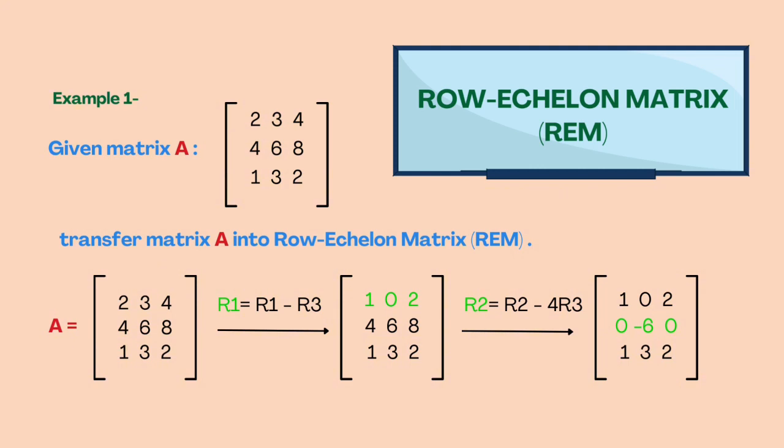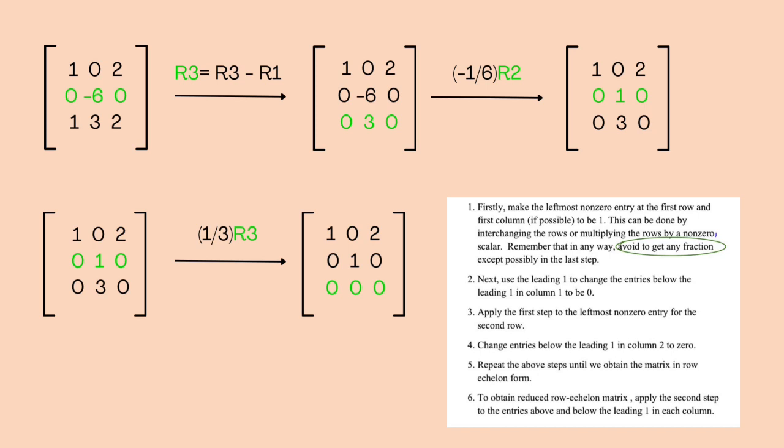So we need to change 4 and 1 into 0. So R2 equals R2 minus 4R1. When we subtract, we get the second row as 0, negative 6, and 0. Now for the third row, we also need to do the same thing, R3 minus R1, to become 0.